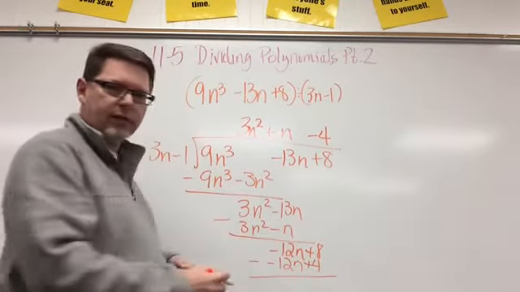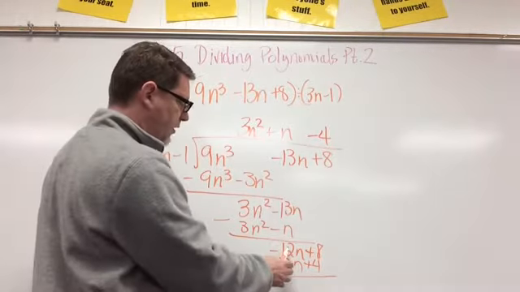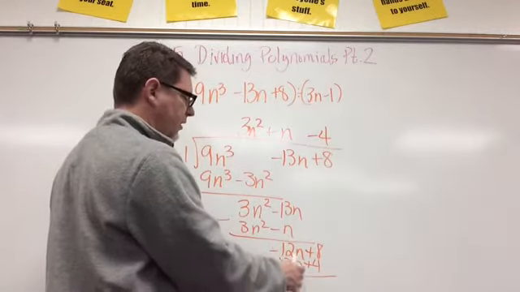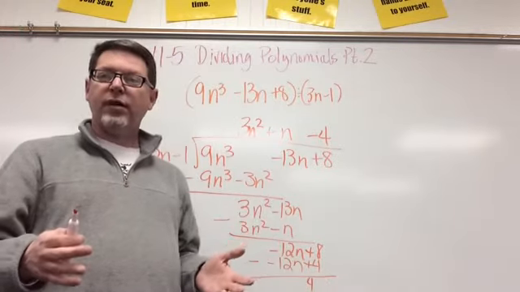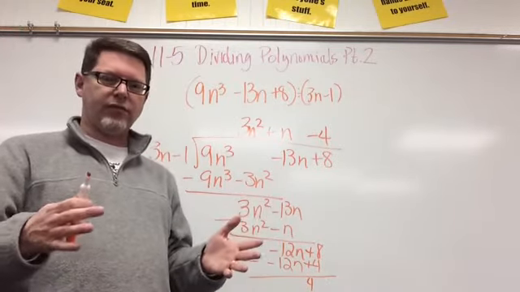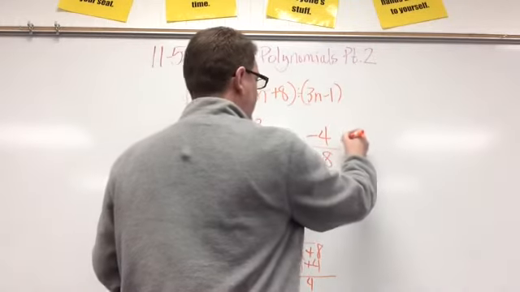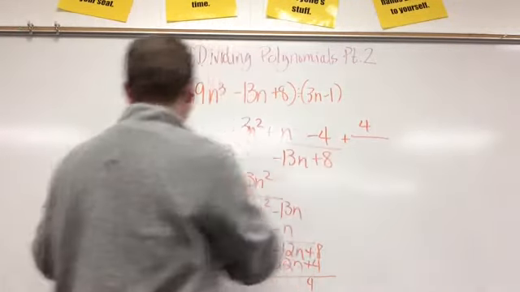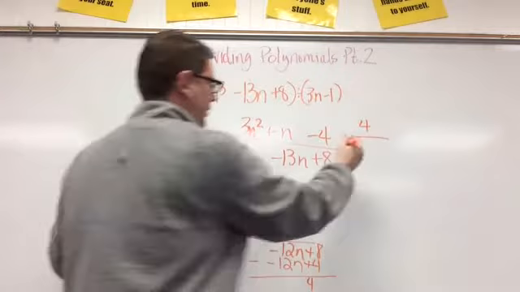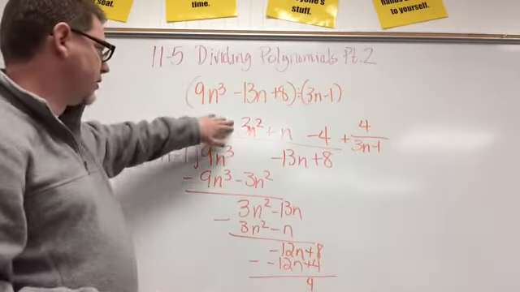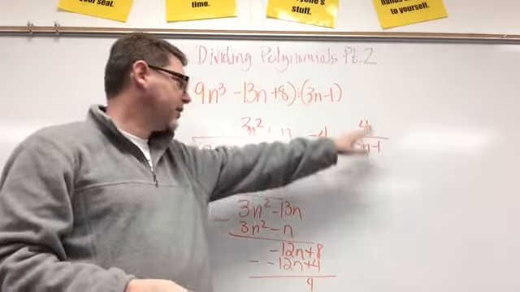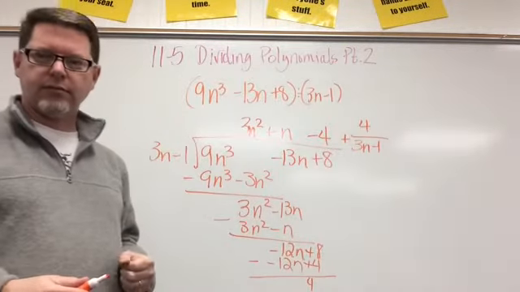Again, I'm subtracting. Negative 12n minus negative 12n is nothing, and 8 minus 4 is 4. So my remainder is 4, but I can't just leave it as 4. I have to put plus 4 over my divisor, which is 3n minus 1. So my final answer is 3n squared plus n minus 4 plus 4 over 3n minus 1.